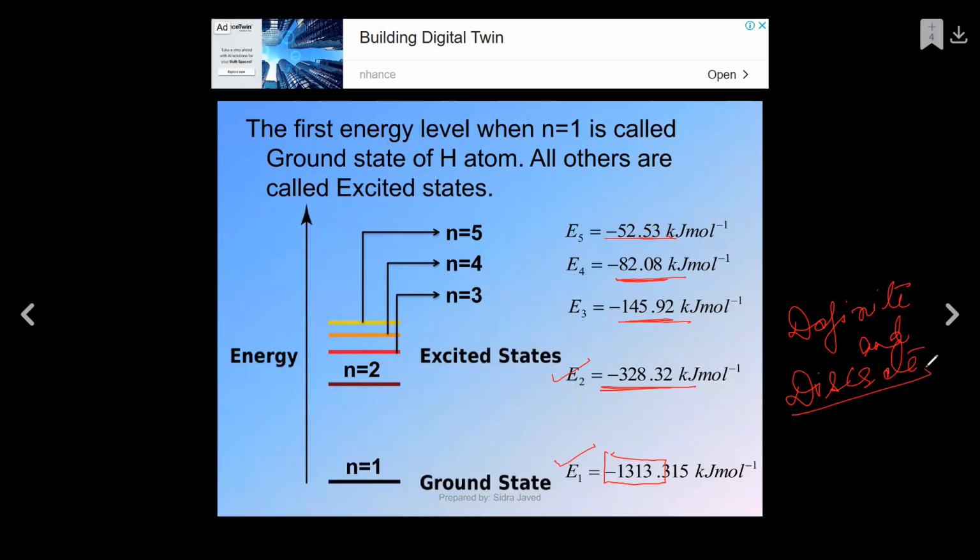Definite and discrete values of energy. And you are finding that the energy varies discontinuously. And that's what we talk about, the quantization of energy.